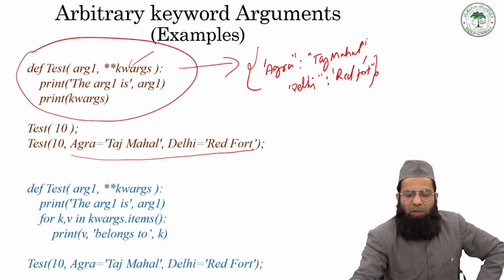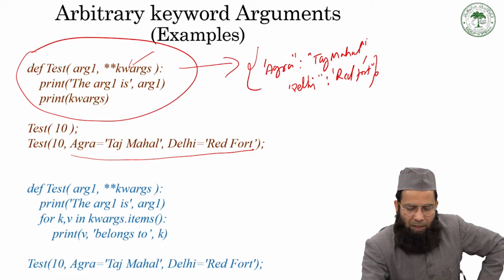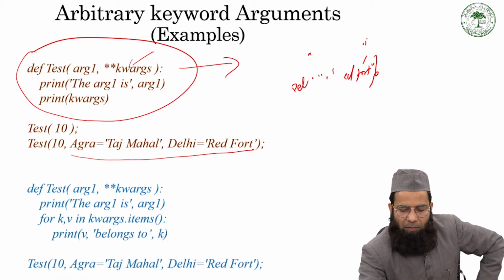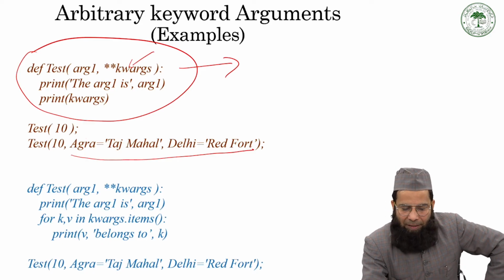So actually it will be stored in this format somehow. I will discuss in detail in some other class how a dictionary works. So this is the way we use arbitrary keywords.